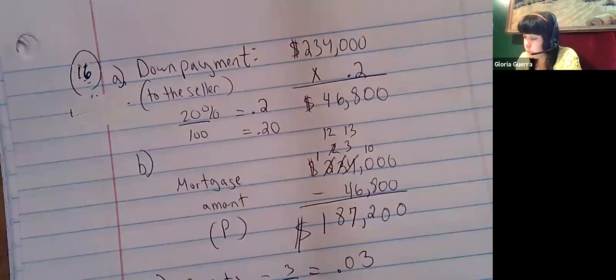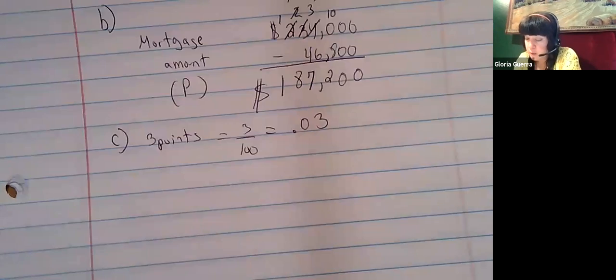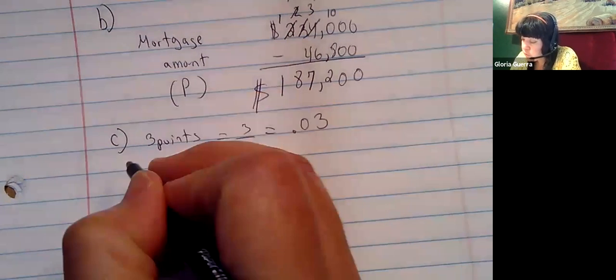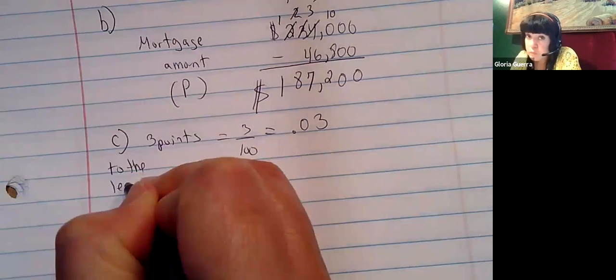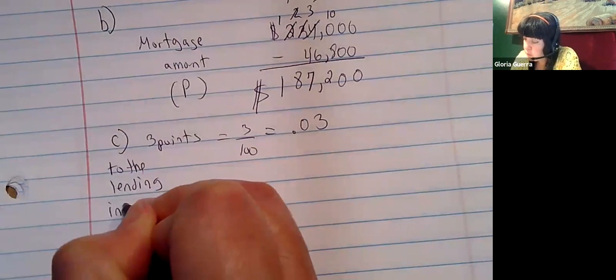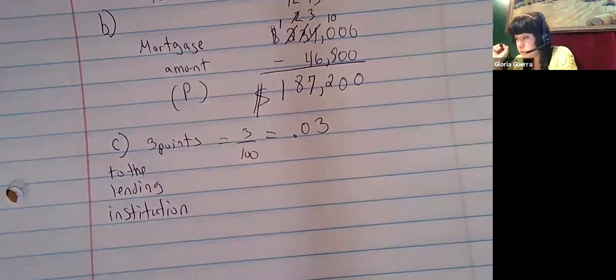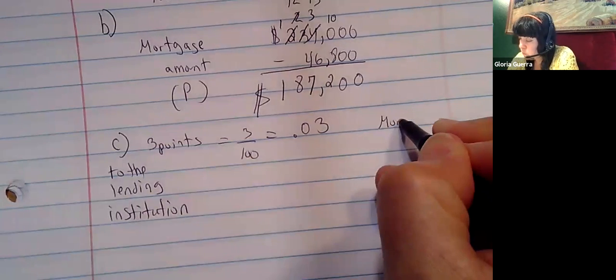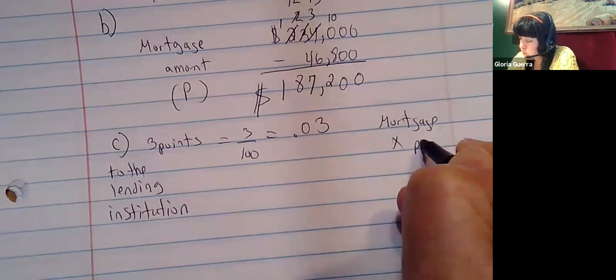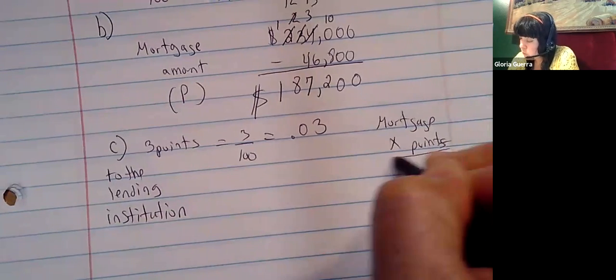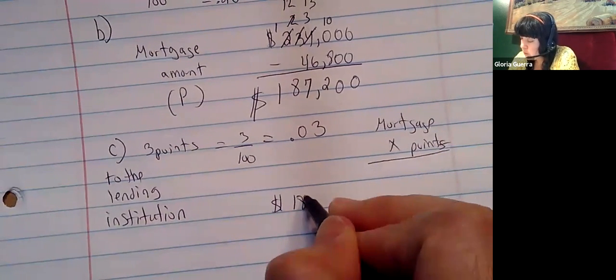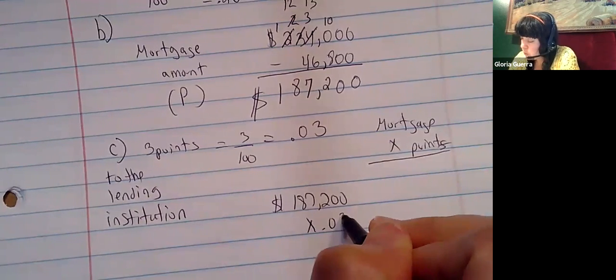The 3 points goes to the lending institution, so that's important to know who the money goes to. The down payment goes to the seller, the 3 points goes to the lending institution, and you're going to do that off the mortgage. So it's the mortgage times the points, basically. So we're doing 187,200 times 0.03.